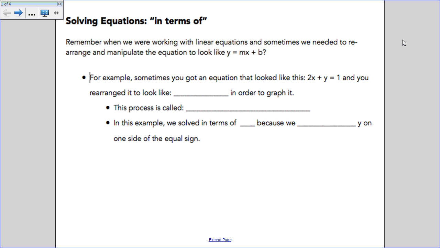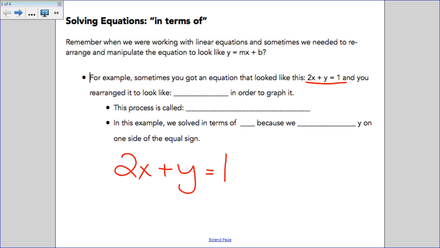Remember before when we were working with linear equations and graphing, and sometimes you needed to rearrange and manipulate the equation so it was in y equals mx plus b? For example, sometimes you got an equation that looked like 2x plus y equals 1.